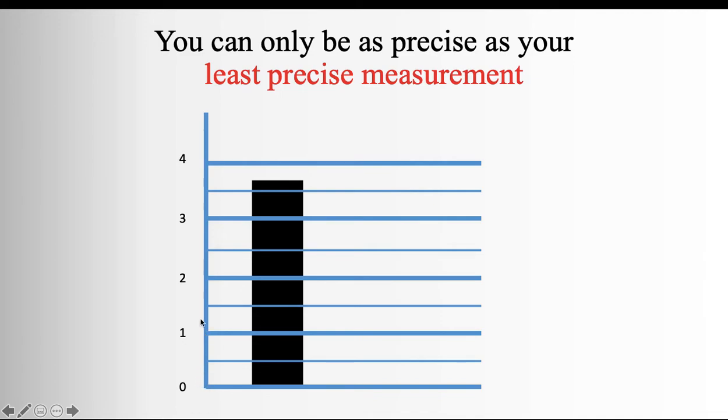So half, 1, 1.5, 2, 2.5, 3, 3.5. Okay, now I can say for certain that my height is at least 3.5. So I gained 1 more digit in my precision here. But I'm uncertain as to what comes next.